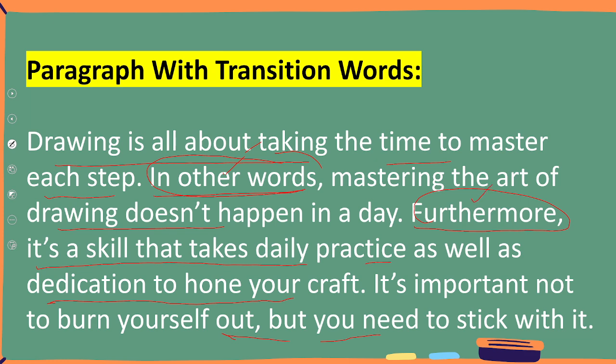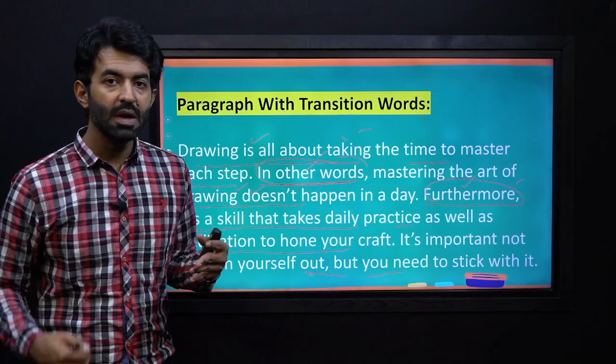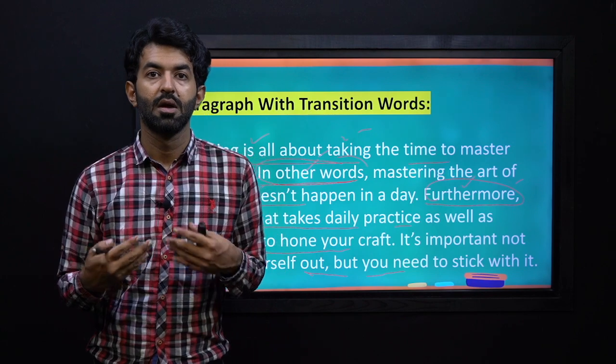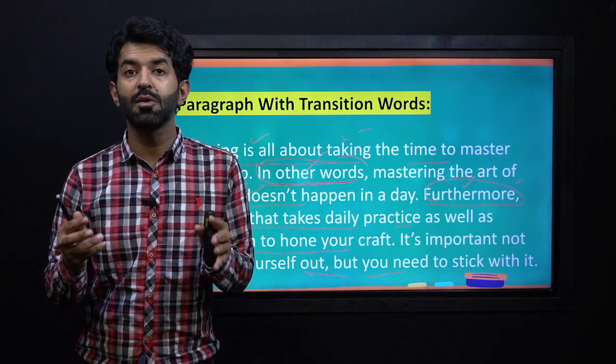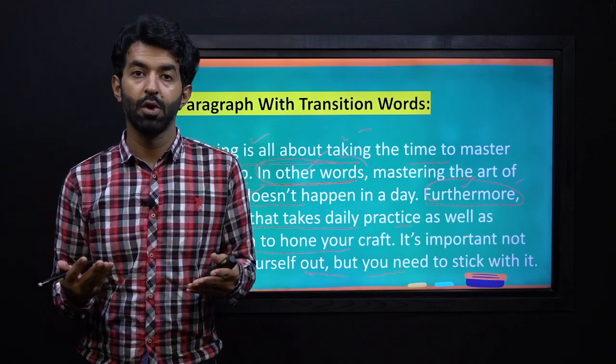Now, how does it function? When we say drawing is all about taking the time to master each step, mastering the art of drawing doesn't happen in a day. It means that these things are talking about the same idea, but we can say that in other words, we can say the same thing. And about furthermore, when we are saying that there is more to say, moreover, furthermore, it means we are extending the previous idea and giving more detail.